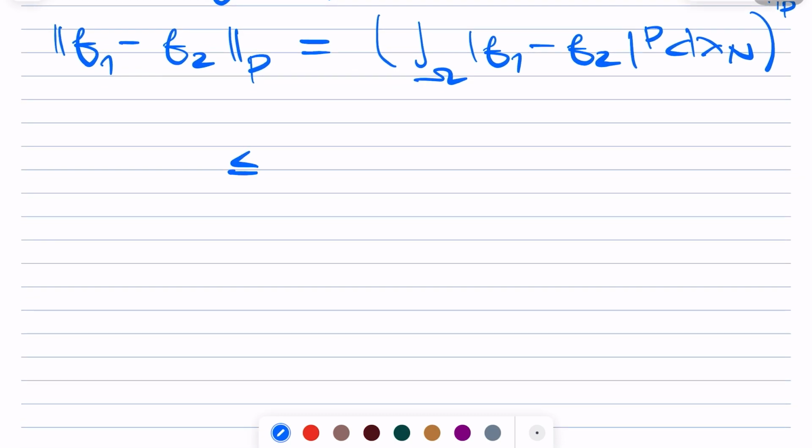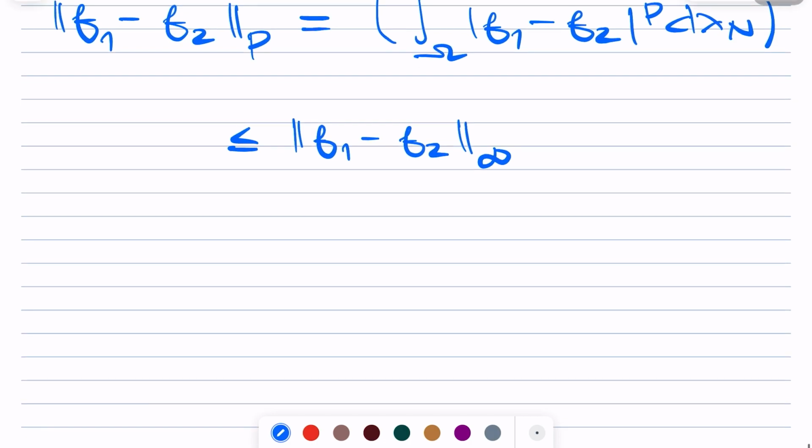This is less than or equal to the norm of f1 minus f2, the infinity norm, because you can always pull it out, as being an element of continuous functions with compact support.